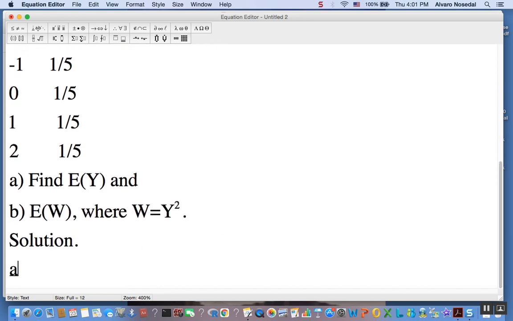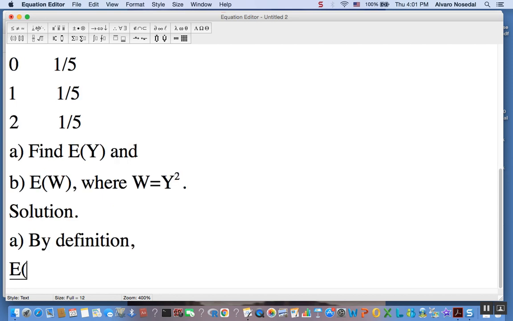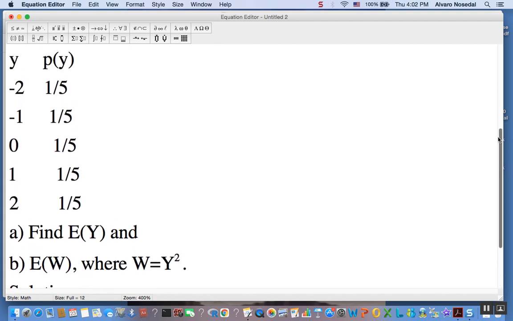By definition, the expected value of y equals, remember, possible value times its probability of occurring, plus possible value times probability of occurring, and we do that for all possible values.